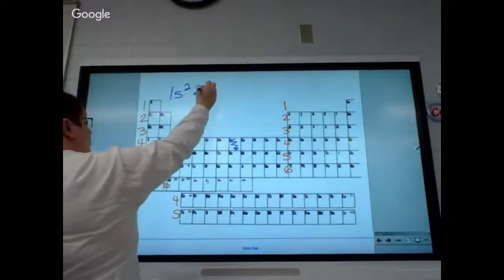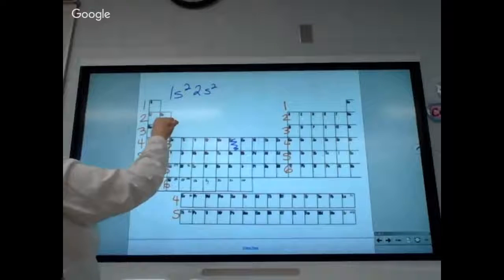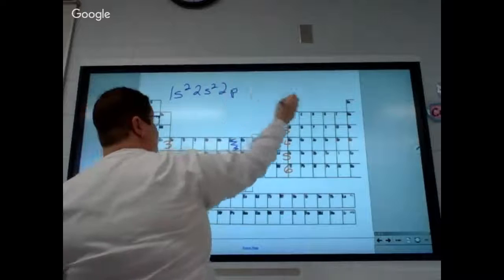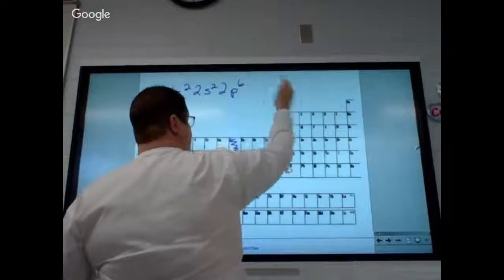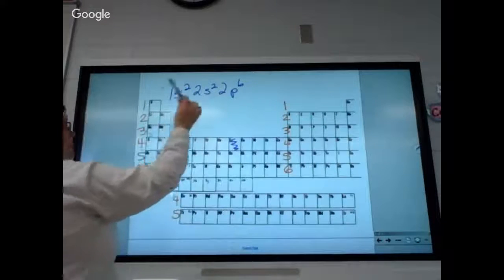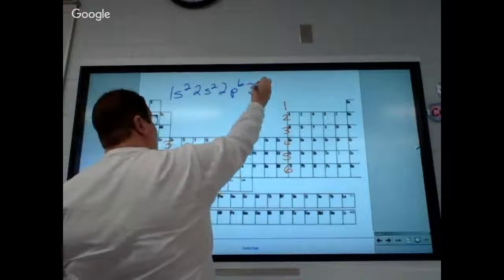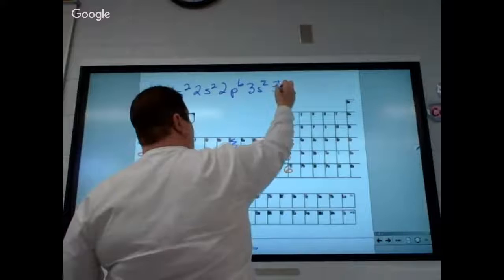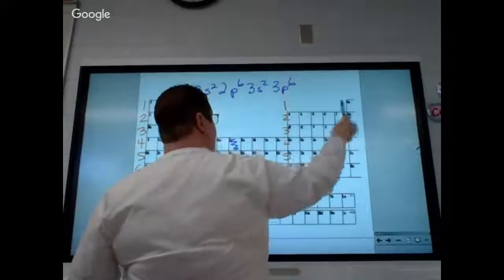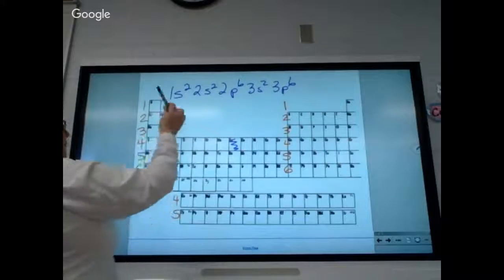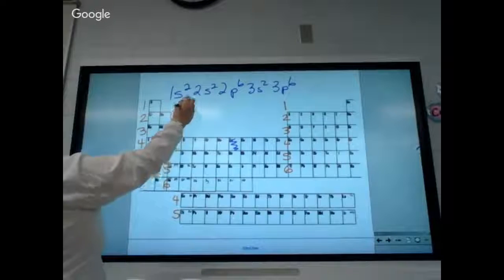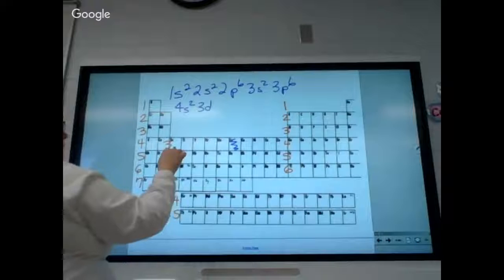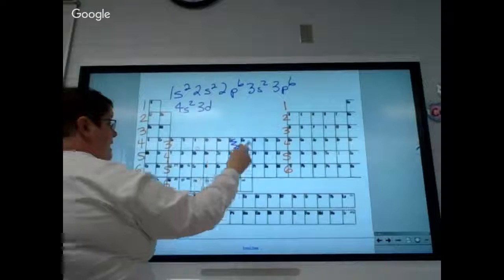2s2. Okay, everybody with us on that so far? Okay, what's next? 2p6. 3s2. 3p6. 4s2. 3d, and 3d10 will take you across.